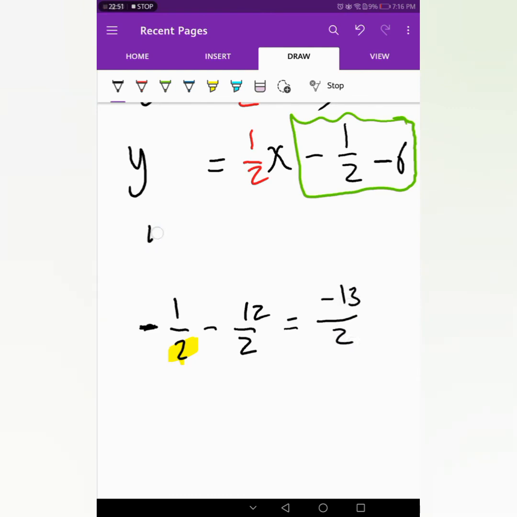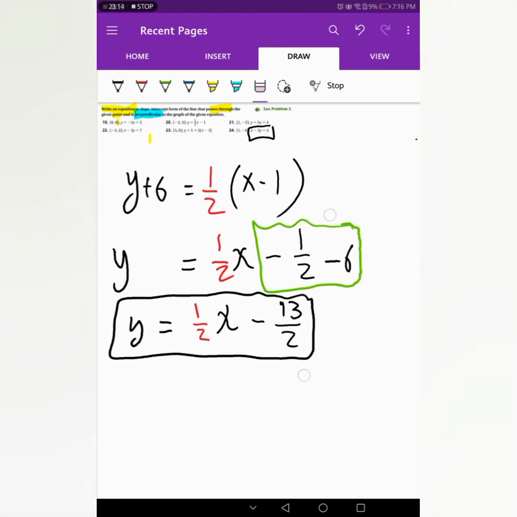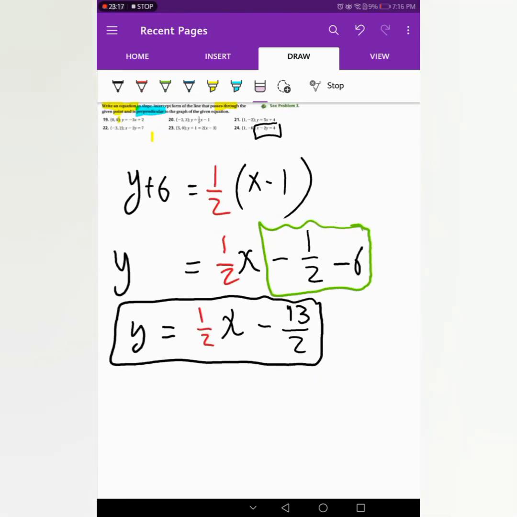So y equals 1/2x -13/2, and this equation is actually perpendicular. Let me clean everything here. Perpendicular with this equation, this one.